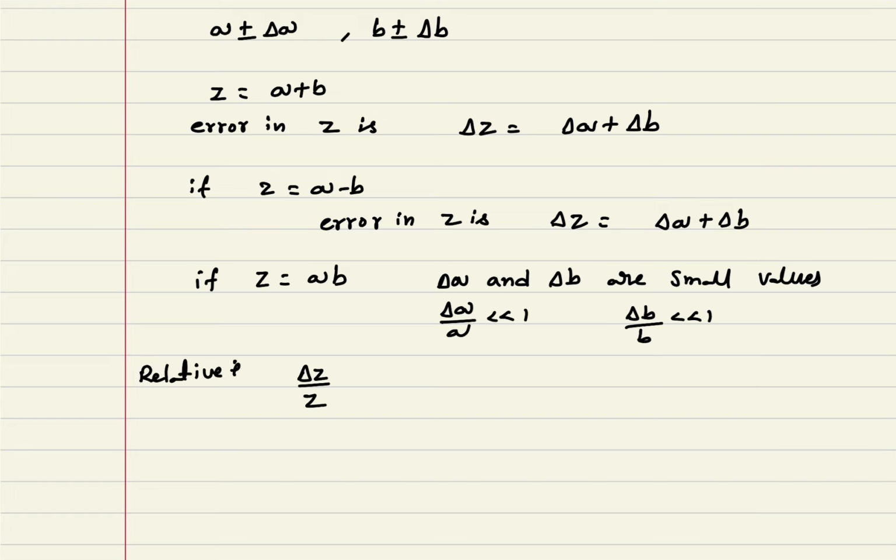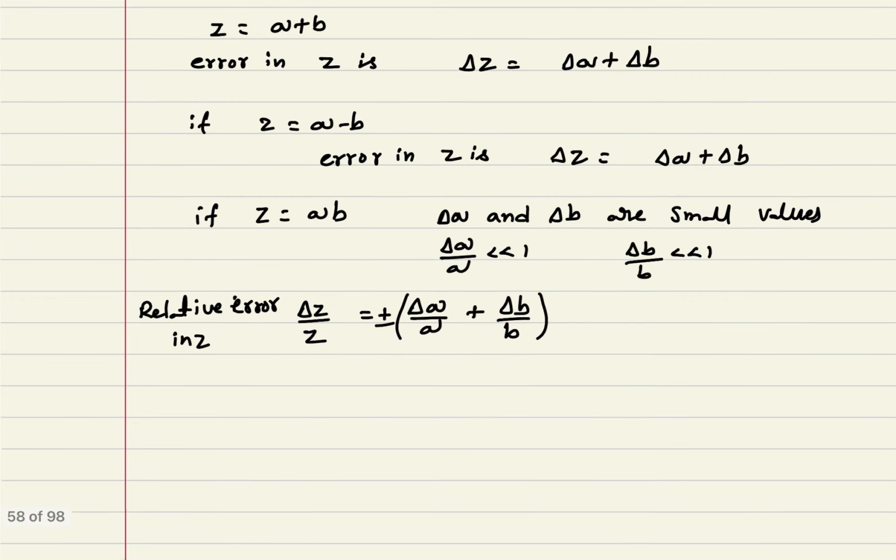In that case, I can write the relative error in Z, delta Z by Z, as delta A by A plus delta B by B. If we want to, we can write plus or minus in front of that. We have to add only these errors.